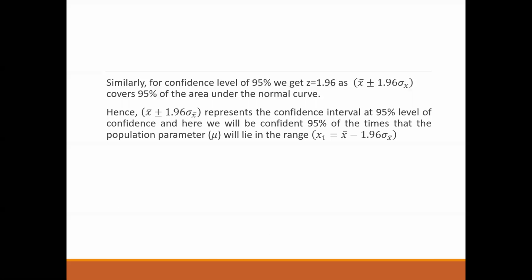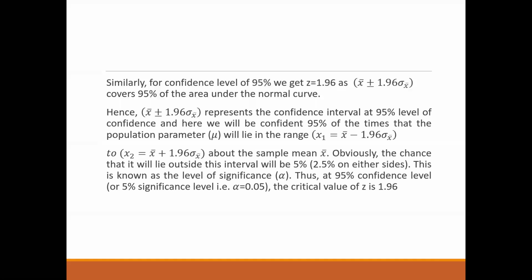Okay. So if I use this, I can find the values of x1 and x2 using the formula and then solve the problem. Okay, as I told you, we also have at 95% the significance level. So if I say 95% is your confidence level, then 100 minus 95 gives me the significance level.